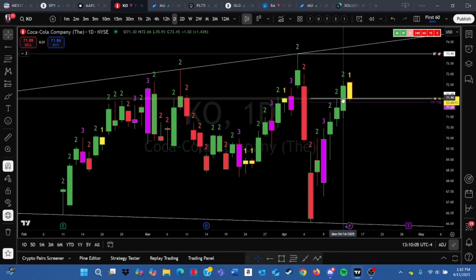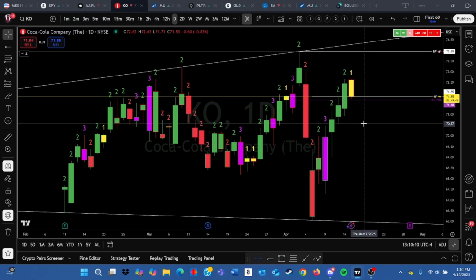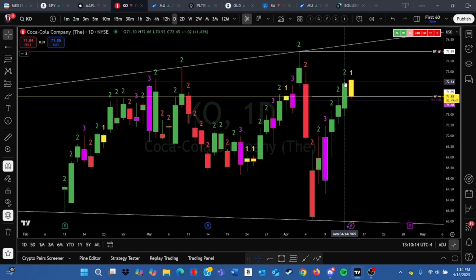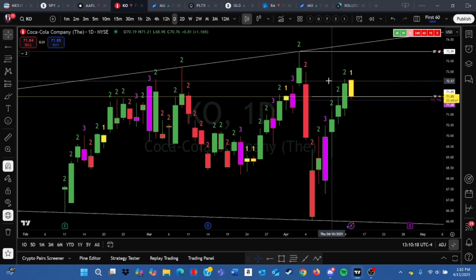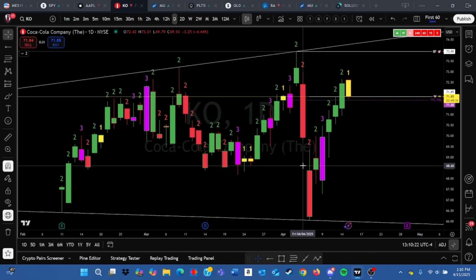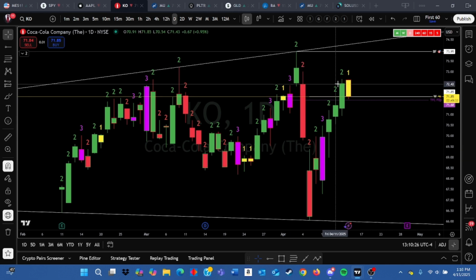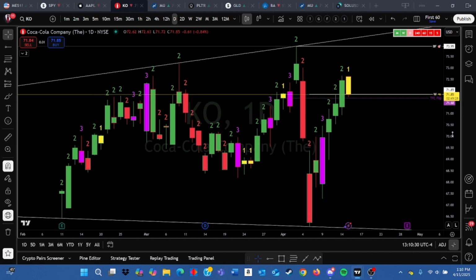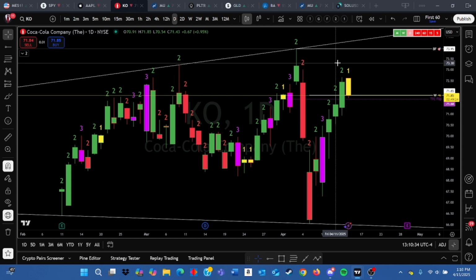So again, we're looking for conditions to be met, basically saying when we have a broadening formation that we're working towards, and we have full time frame continuity heading in that direction, how do we get in and out then? Because we've met two conditions of which direction is price moving and where are we going to, and we know for certain that price has to be moving in that direction given our time frame continuity principle. And then of course we know where price is trying to go because of our broadening formation.